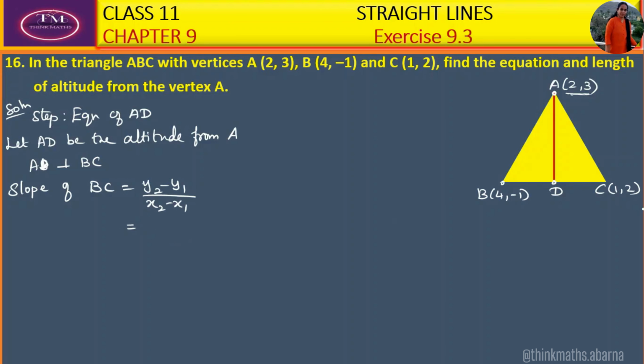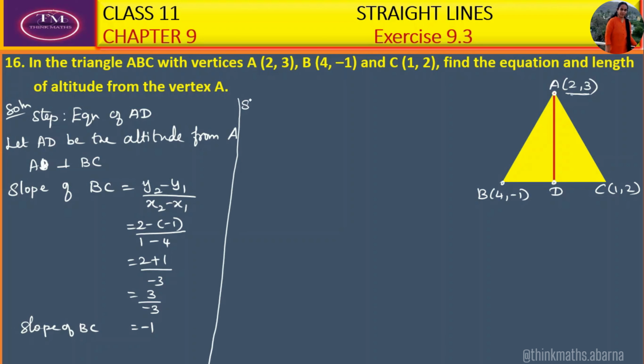So what is y2? 2 minus -1, divided by what is x2? 1 minus what is x1? 4. So it is 2 minus into minus is plus, so 2 plus 1. 1 minus 4 is -3. So 2 plus 1 is 3 divided by -3. So it is -1. So we have slope of BC is equal to -1.